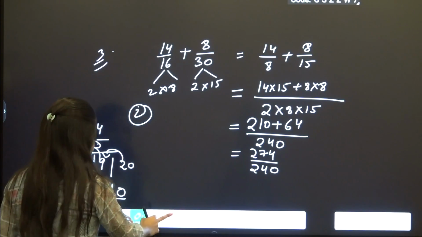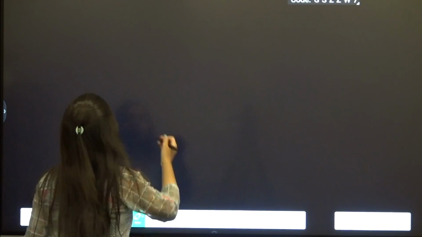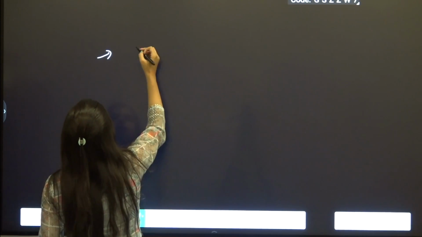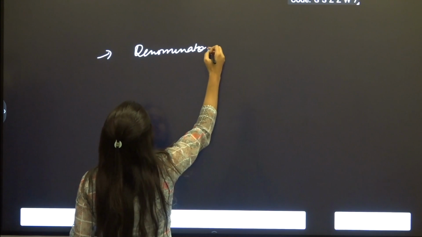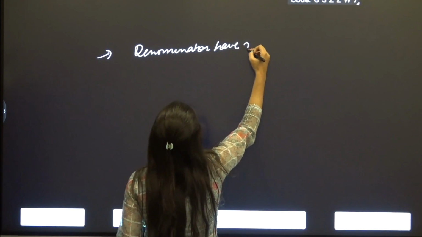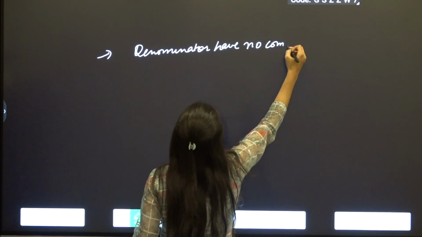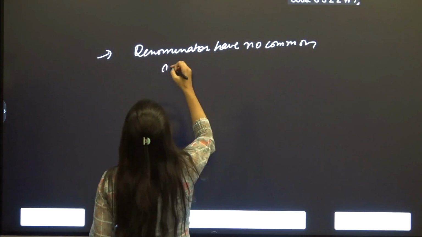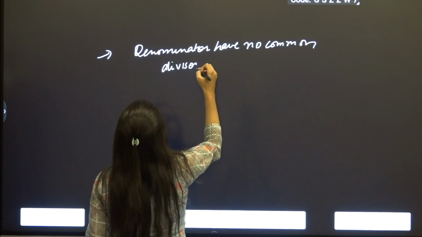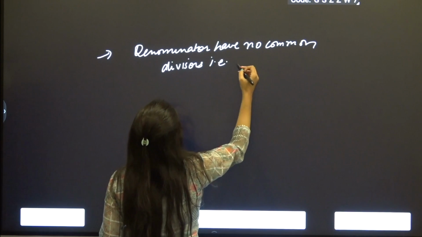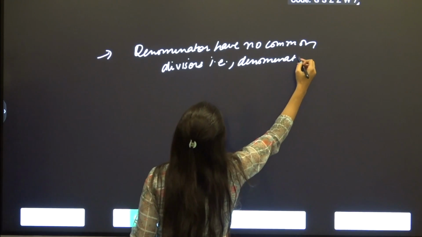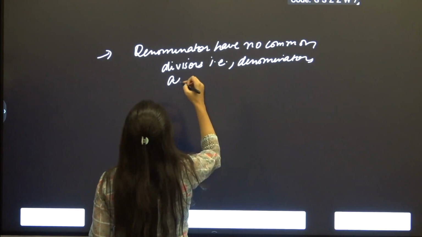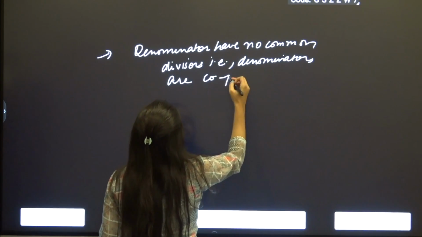Next is the second type, where denominators have no common divisors. That is, denominators are co-prime numbers.